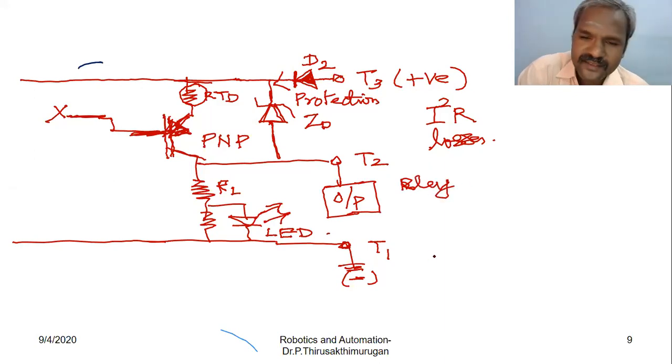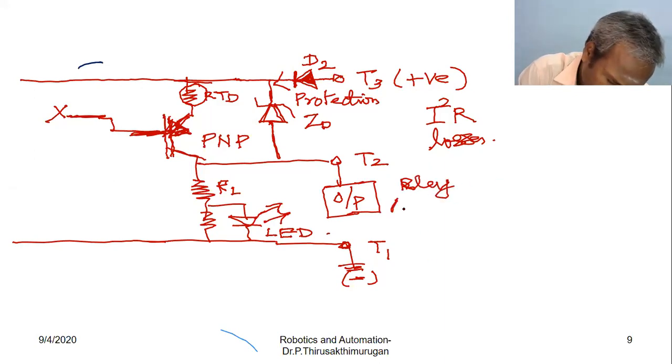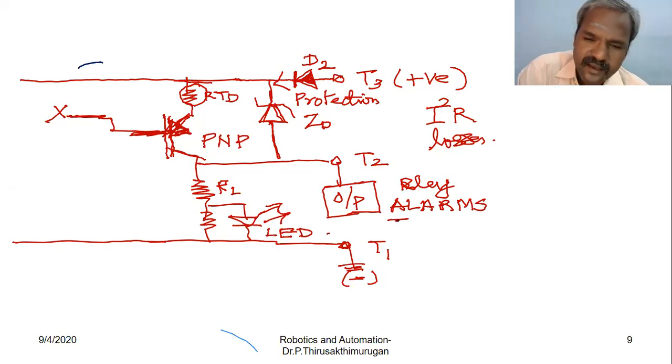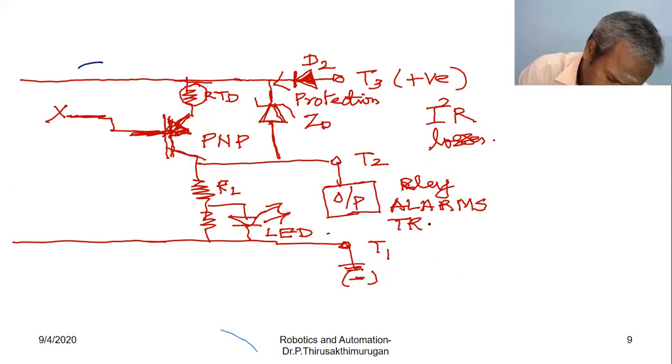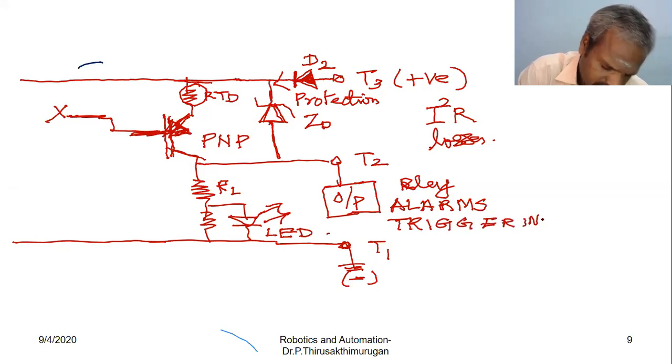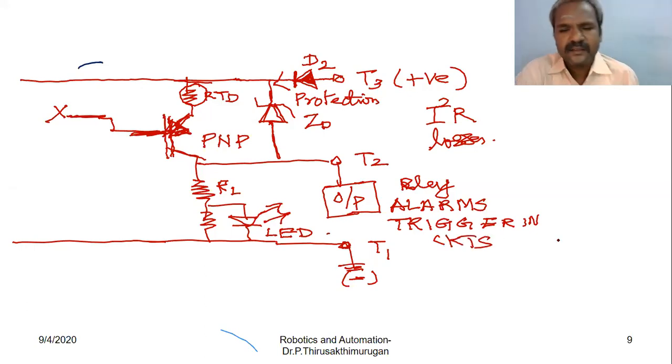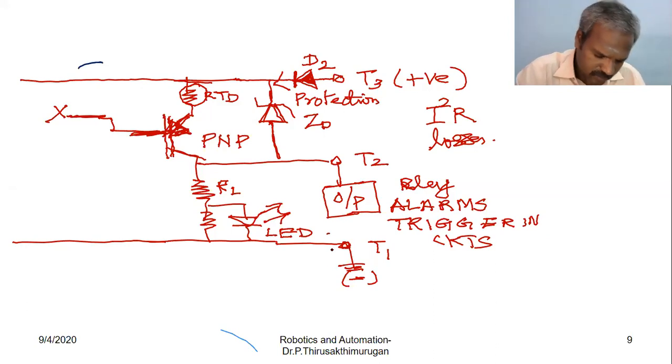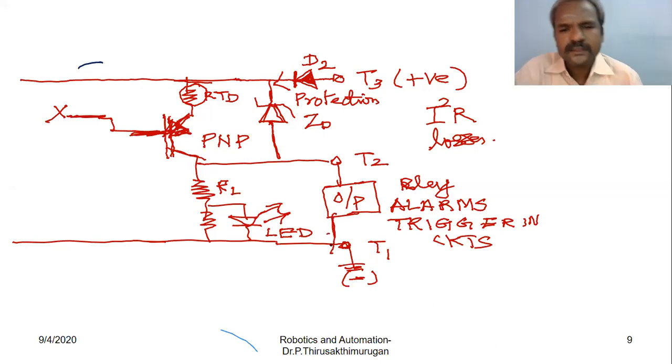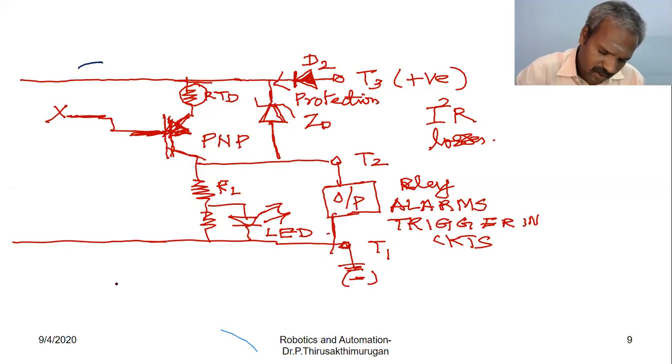Some output devices are relays, alarms, thyristor triggering circuits, etc. We can have any type of output device here. This is called the output stage.